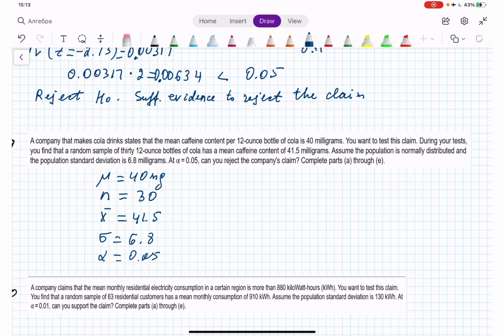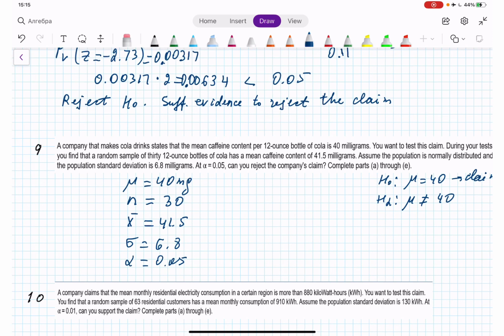Okay, so first of all, let's build the test. Since our mu is equal to 40, that's a claim. We definitely can say we have two tails. Next, we need to find the critical value.